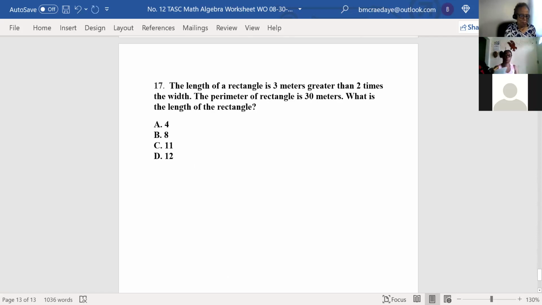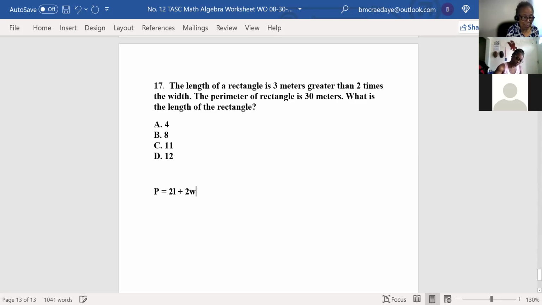Now, what is perimeter equal to, Vanessa? Is it length times width? That's area. Therefore it's two lengths plus two widths, right?